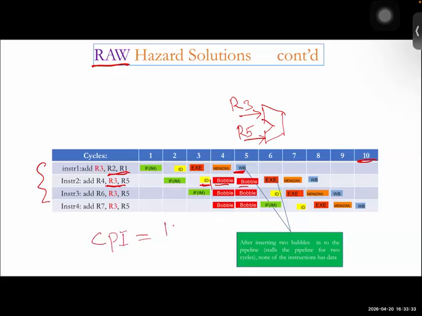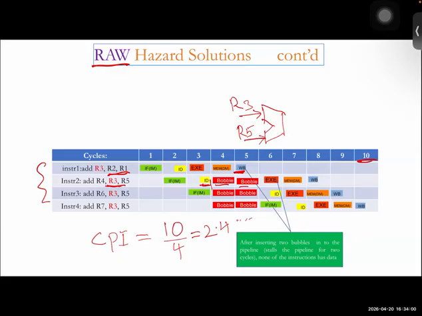Total 10 cycles over 4 instructions. So that gives 2.4 something. That is the average cycles per instruction.